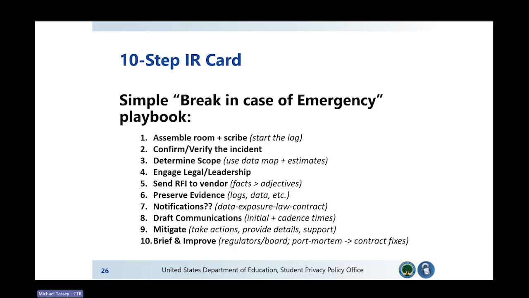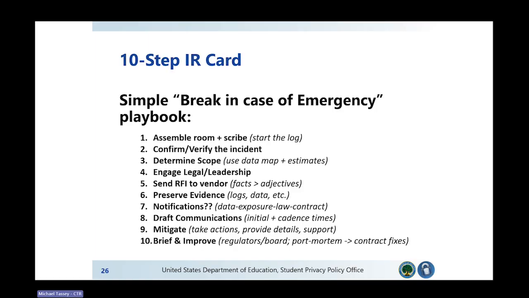Assign a scribe or start transcription, open the timestamped log and begin your documentation. Two, verify. Confirm that the signal is in fact a real one, that this is actually our data or our vendor that's involved. Your goal here, weed out false positives and try to understand the scope, right?